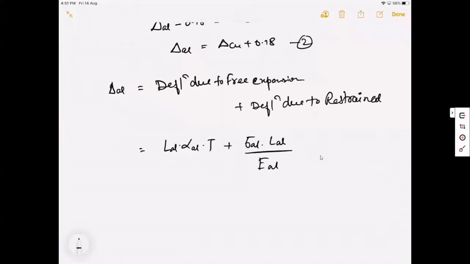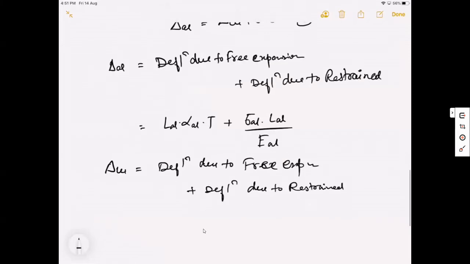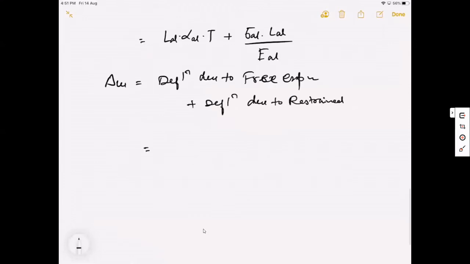Now my delta copper will be equal to the deflection due to free expansion plus the deflection due to restraint. So what is my deflection due to free expansion? That will be L copper, the length of copper, into alpha copper into the temperature increase, minus, because we have assumed compressive stresses here, sigma Cu into LCu upon ECu.